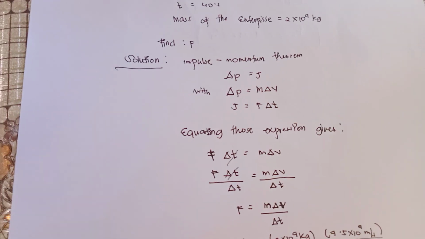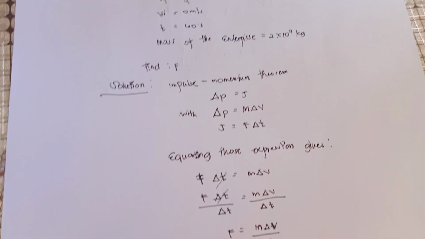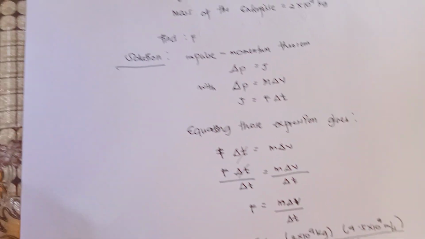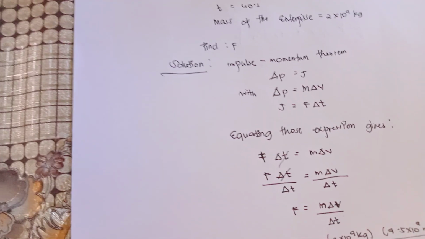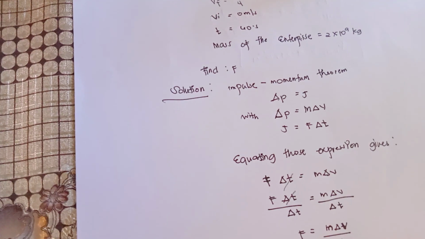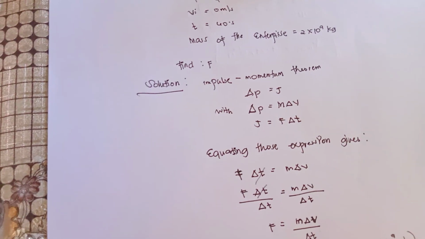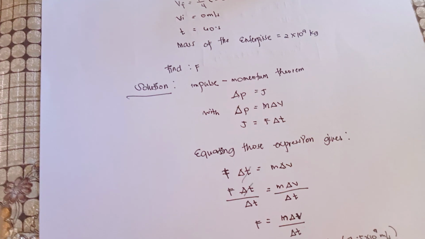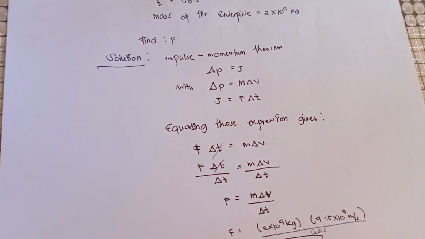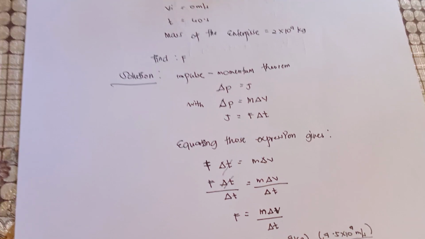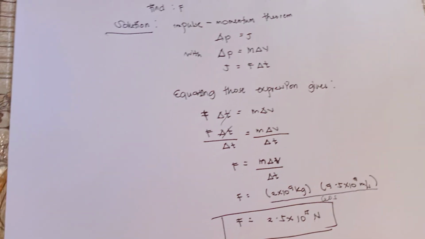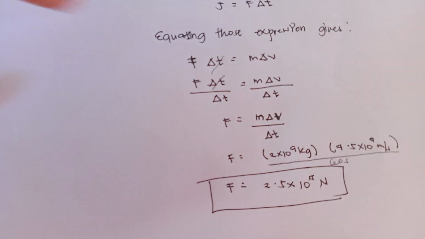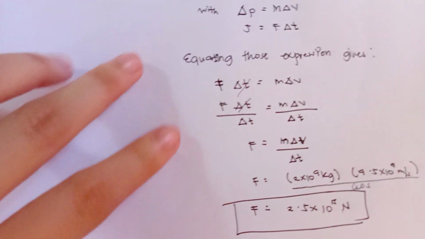So the solution is impulse. We can use the impulse-momentum theorem. This is our formula: impulse equals delta P. Delta P equals mass times change in velocity. We cancel out the time.